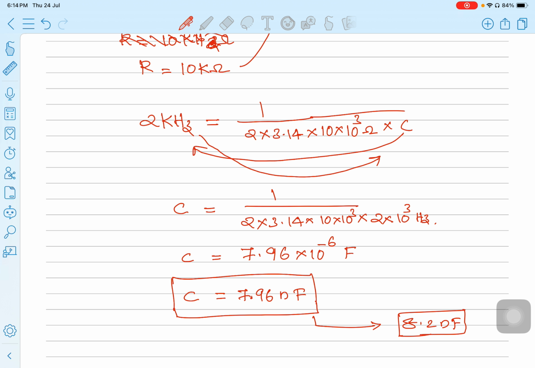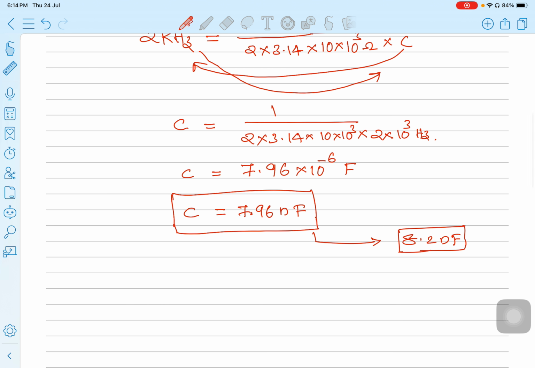If someone asks you to design a low pass filter, once you find this capacitor value, you can draw the circuit, with a resistance and a capacitance.